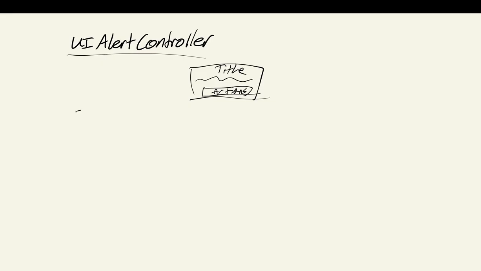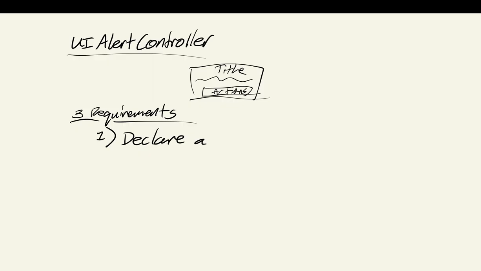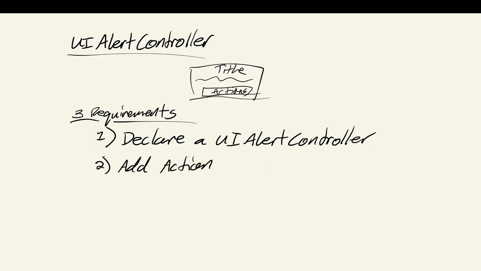There are 3 requirements. All right, 3 of them. Number 1, the first thing that you need is to declare a UI alert controller. 2, you need to add actions.